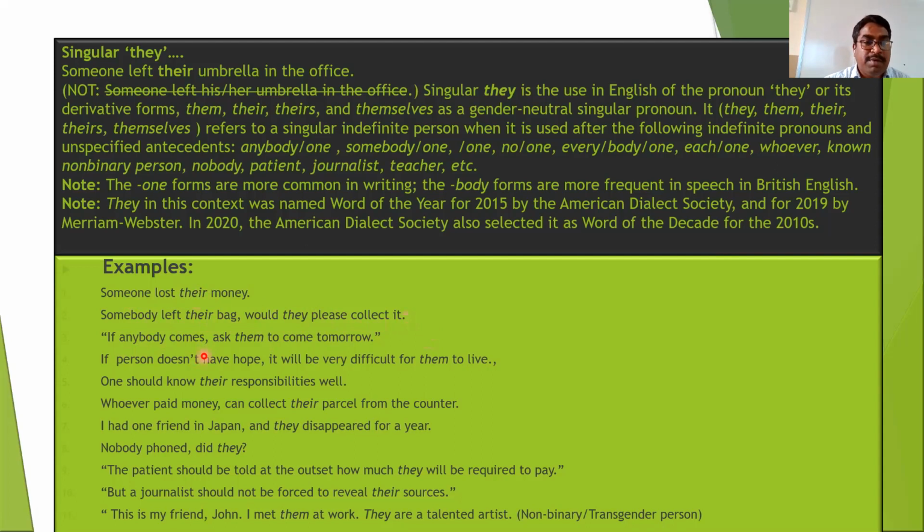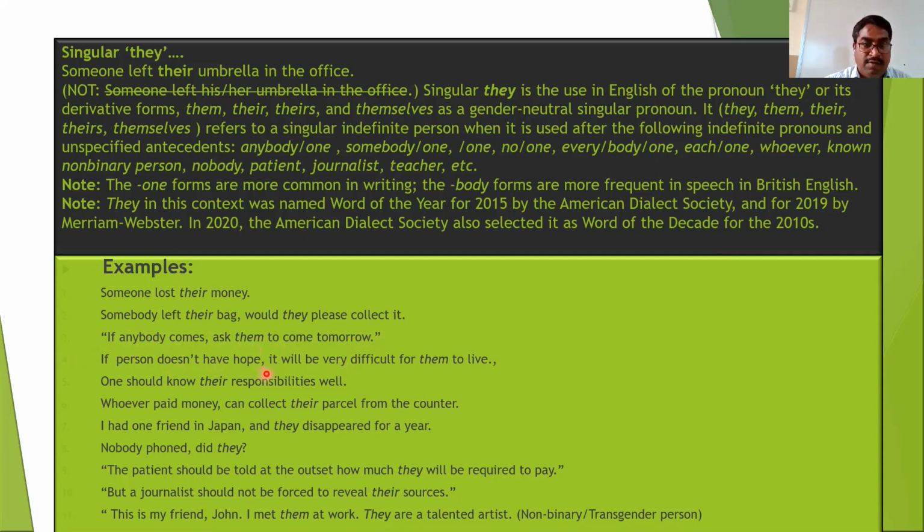Next, if anybody comes, ask them to come tomorrow. If anybody comes, anybody is what? It is a singular indefinite pronoun, right? And of course, it will take a singular pronoun. Next, if anybody comes, ask them, not ask either him or her, to come tomorrow.